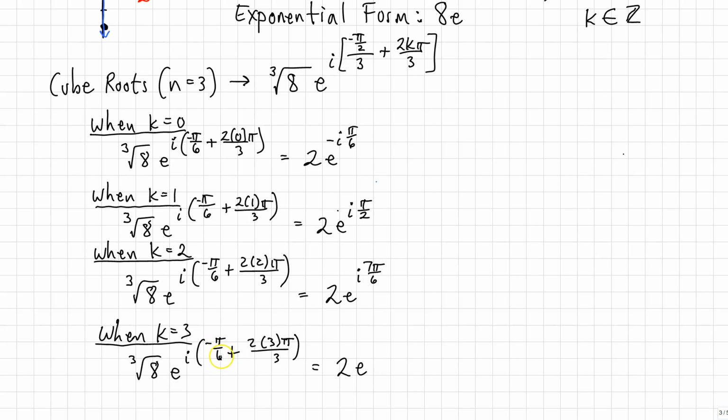So if you take negative pi over 6 and add 2 pi to it, that's the same thing as just negative pi over 6, which we already had. So you'd have 11 pi over 6. But these are the same. These are equivalent.